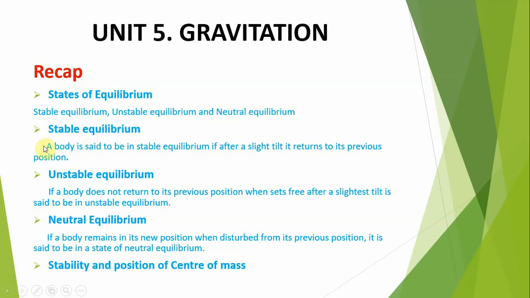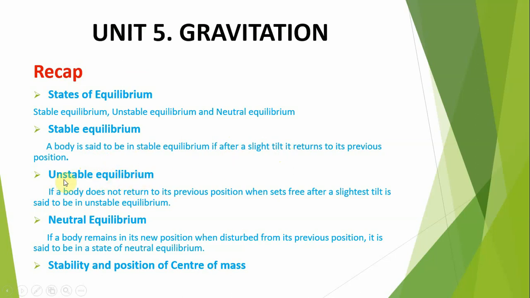Stable equilibrium says a body is said to be in stable equilibrium if after a slight tilt it returns to its previous position. And after tilting, you have to remember its center of gravity rises.